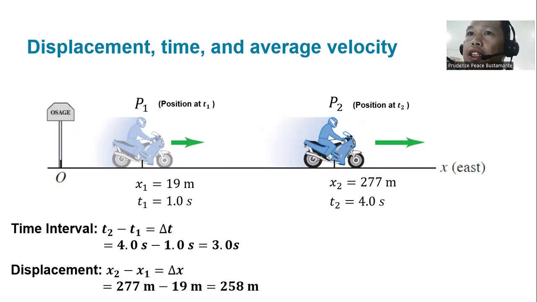What is the displacement? If you're asked to find the displacement, it is just equal to the final position minus the initial position, which is 277 meters minus 19 meters, equal to 258 meters.